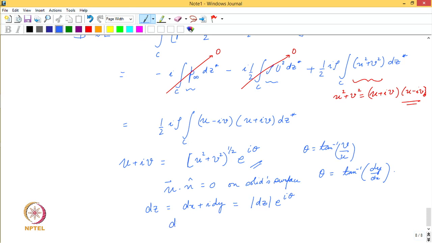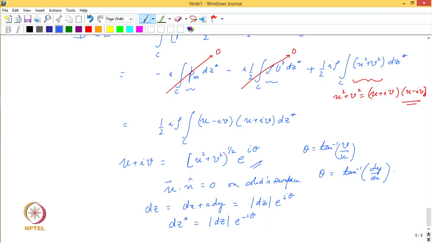which further means that the complex conjugate of dz, which is dz star, would be modulus dz into e to the power minus iota theta, noting that the complex conjugate does not change the magnitude of the complex function, it only changes its polar angle. Okay. So, we are keeping a few things here. We are noting that the surface of the solid is a streamline.